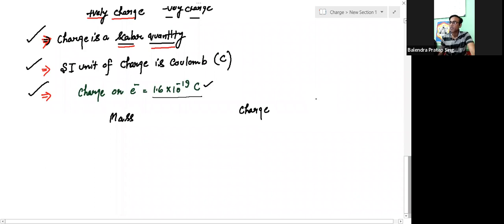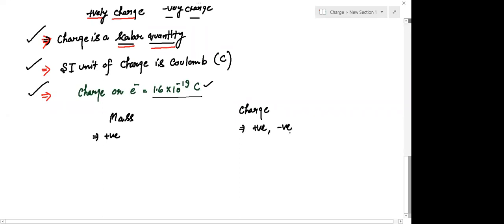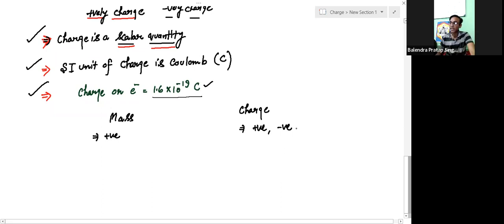So mass has only positive values. Mass always exists in positive terms. And charge, as I told you, has positive values as well as negative. Charge exists in two forms, positive charge and negative charge.